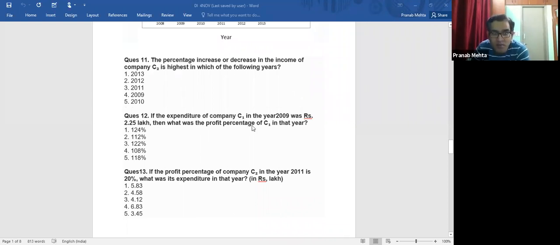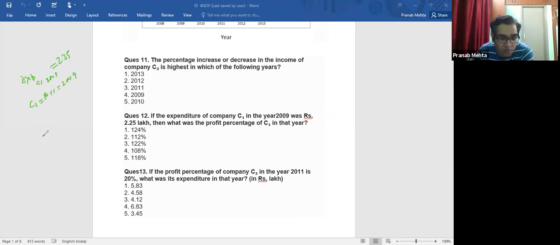If the expenditure of the company C1 in the year 2009 was 2.25 lakh, then what is the profit percentage of C1 in that year? Here we know the expenditure of C1 in 2009 is 2.25 lakh. We want C1's profit percent in the year 2009.